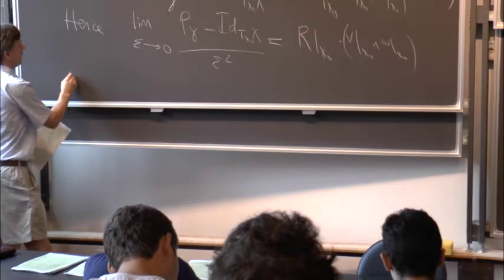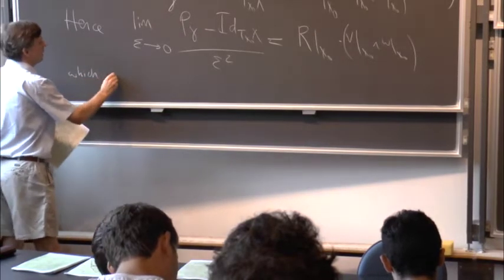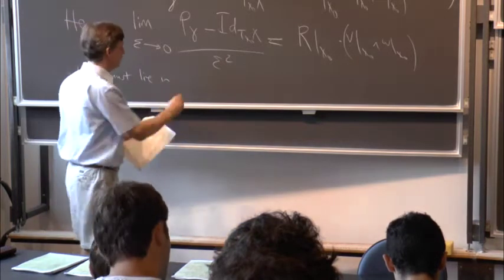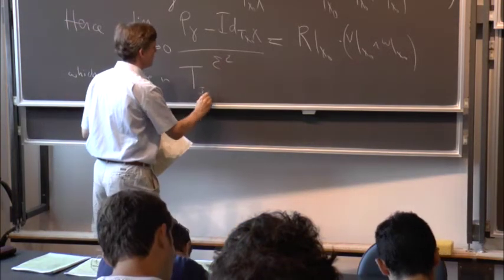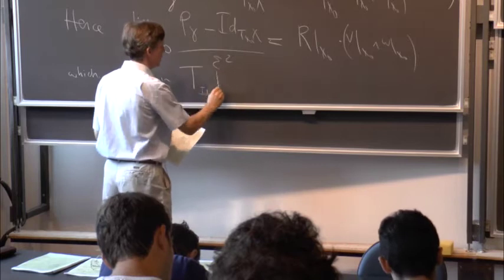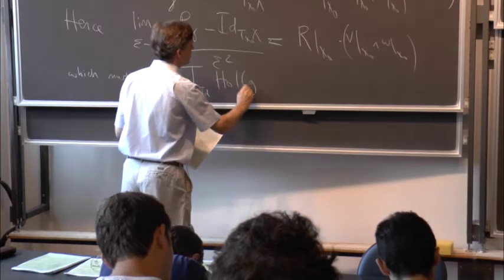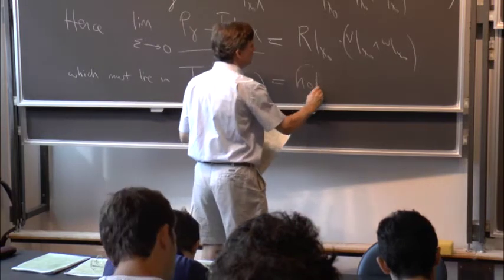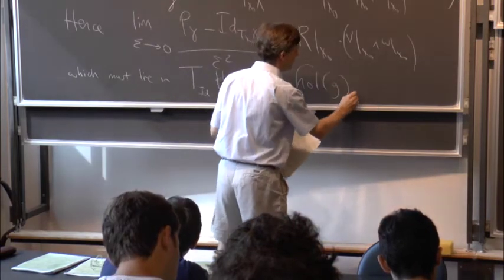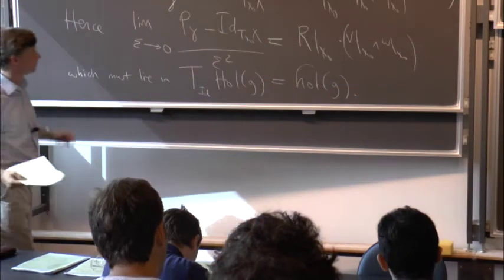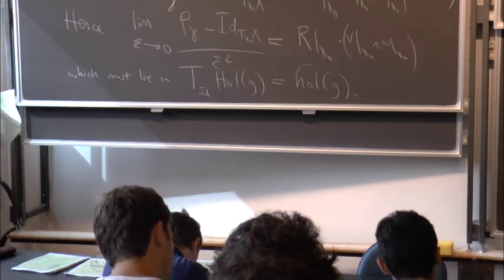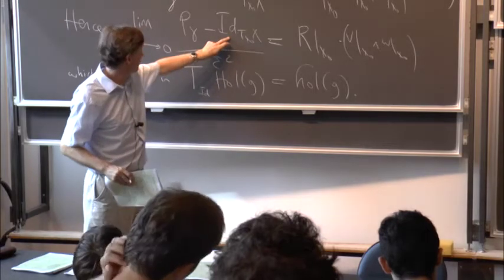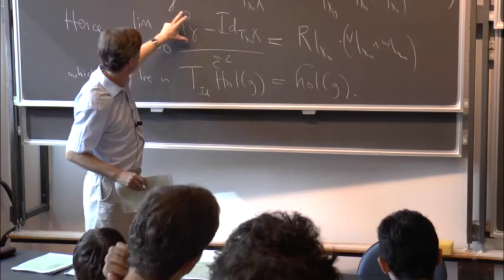And this must lie in the tangent space at the identity to the holonomy group of G, which is the holonomy algebra of G. Both of these are elements of the holonomy group of G by definition.